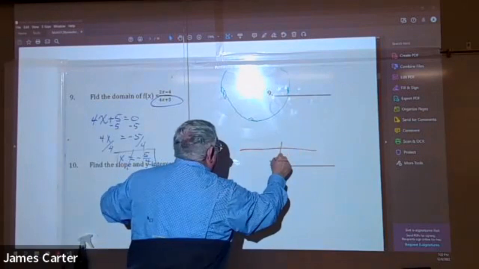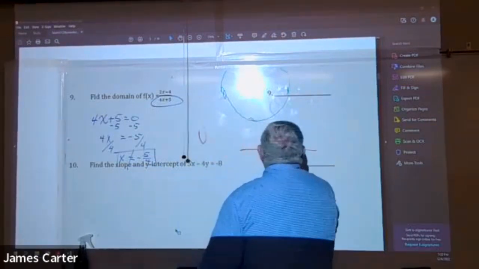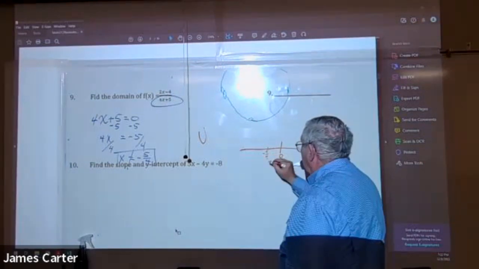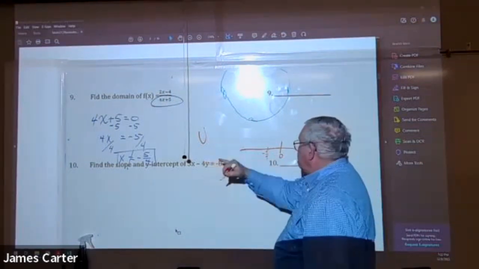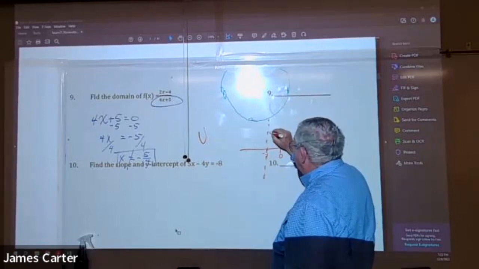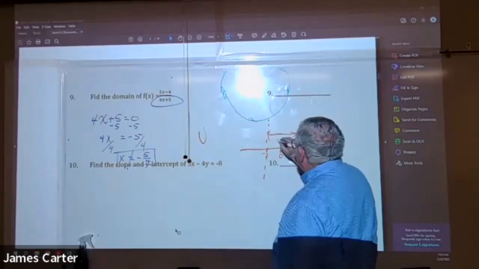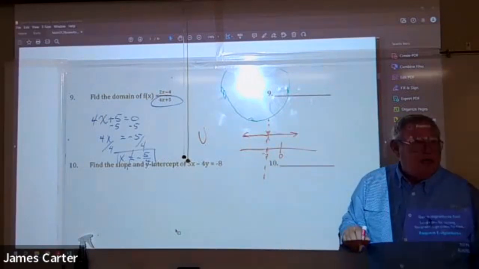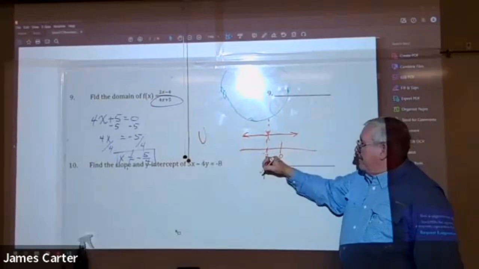Here's 0 on a piece of graph paper, and here's -5 fourths. This is saying it can't be that value. So what can it be? It can be anything this way, and it can be anything this way, but it can't be that one.